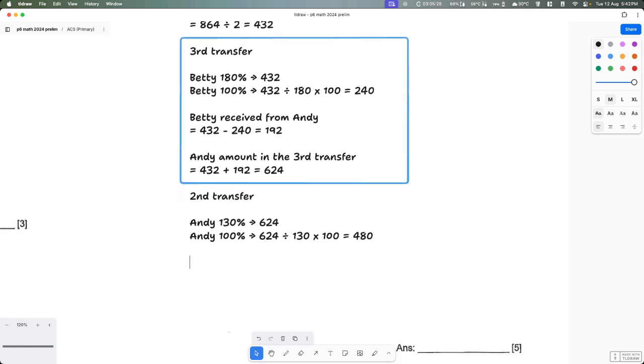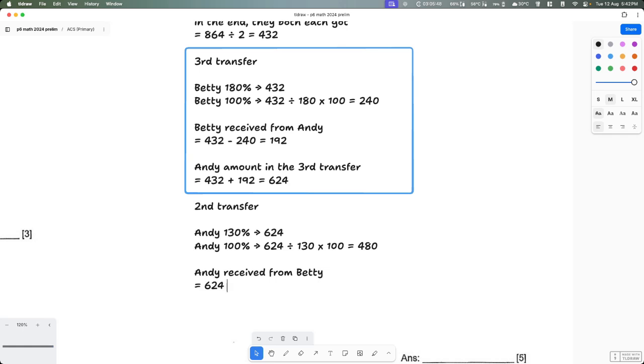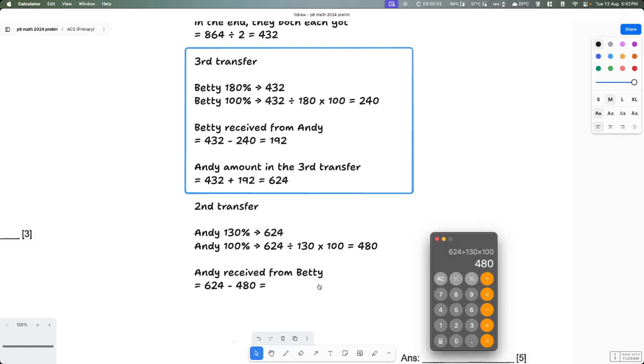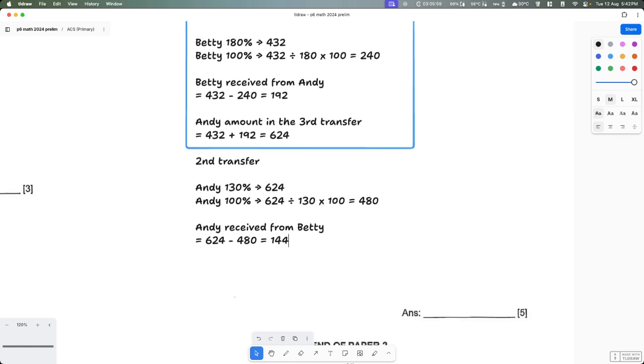So that means Andy received from Betty, which is equal to 624 minus 480. And this is equal to 144.